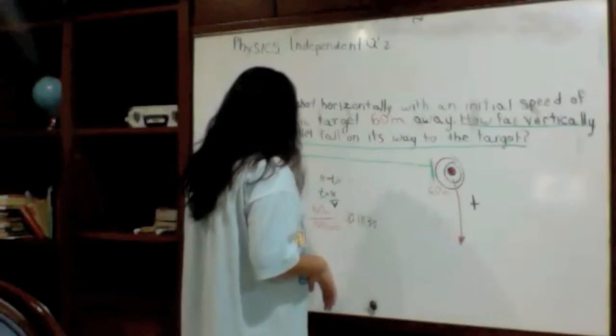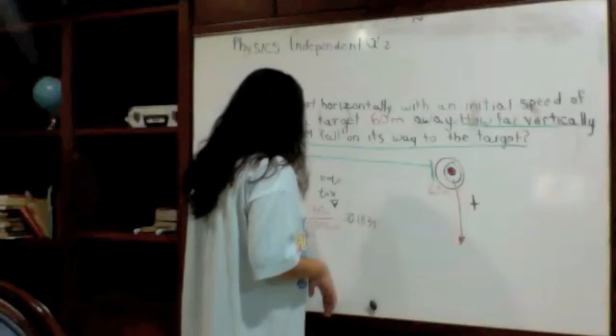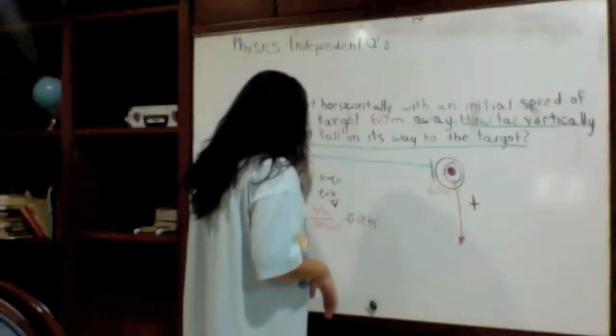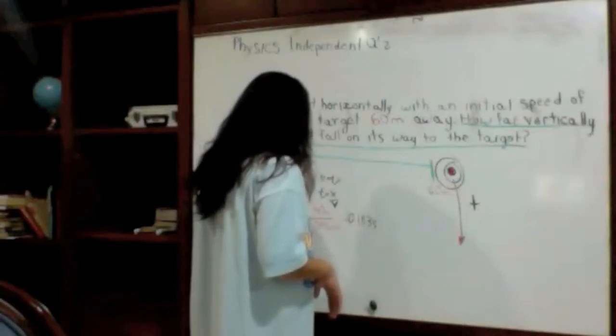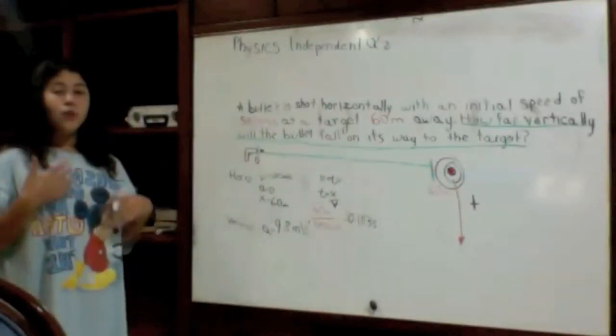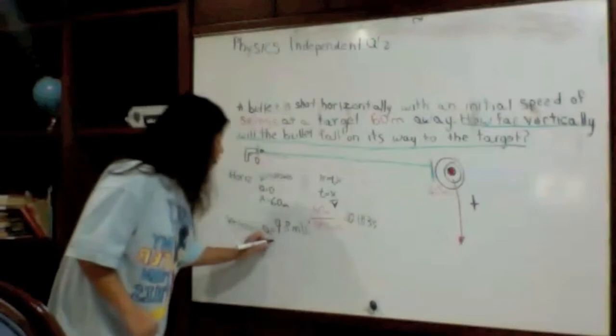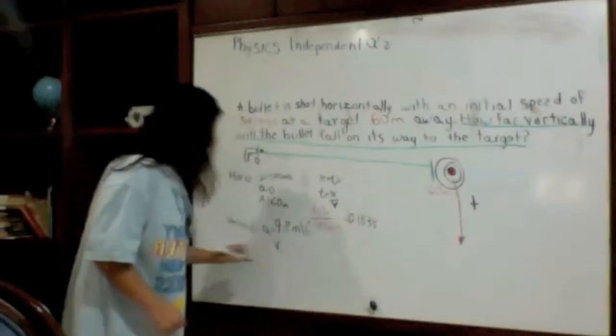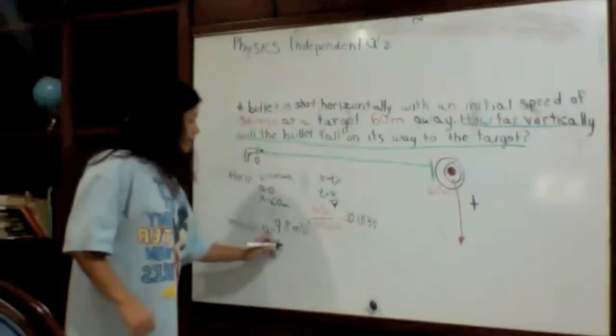meters per second squared. We also know that our initial velocity vertically is 0.